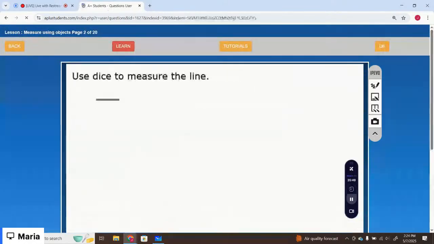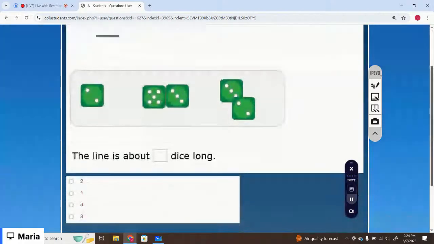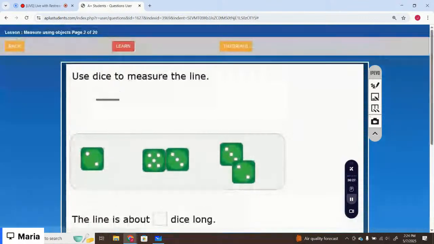Option number 1 is the correct option. Use the dice to measure the moon. That is just one dice long. The correct option is 1.